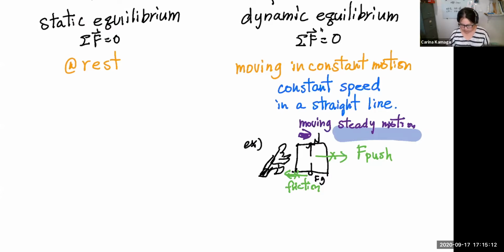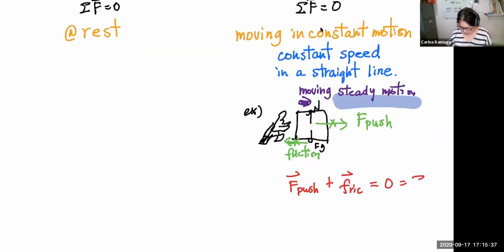Moving in steady motion. In that case, if we say F push plus the friction is equal to 0, that means that in this case, the net force in the horizontal direction is equal to 0, right?